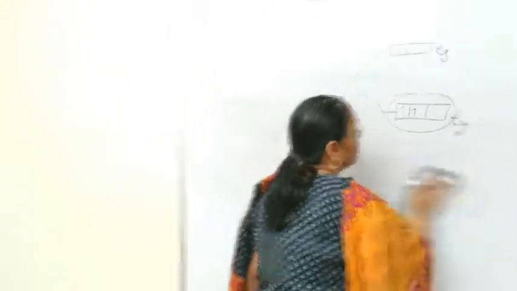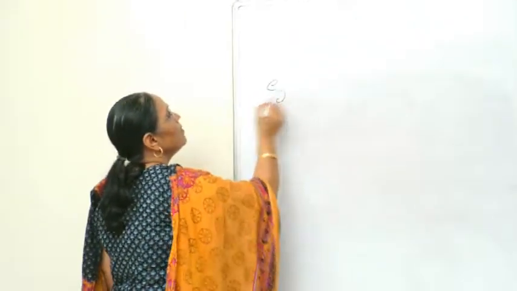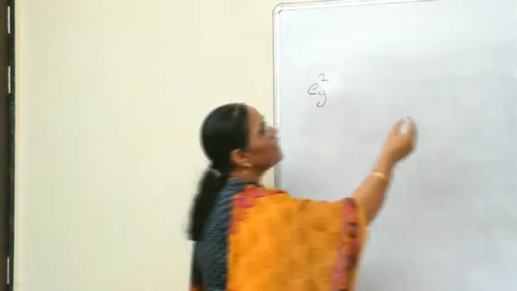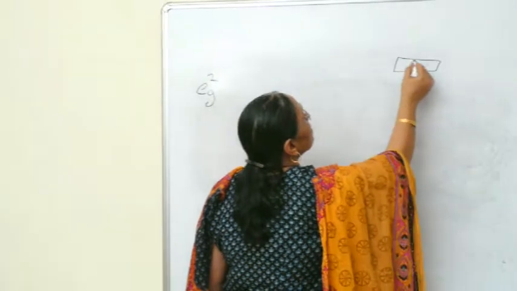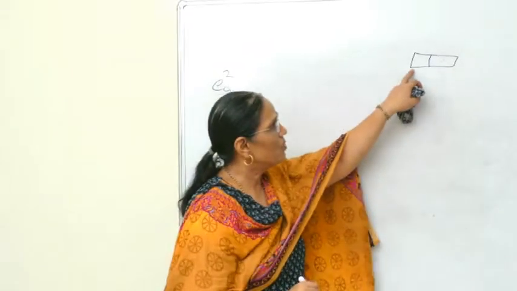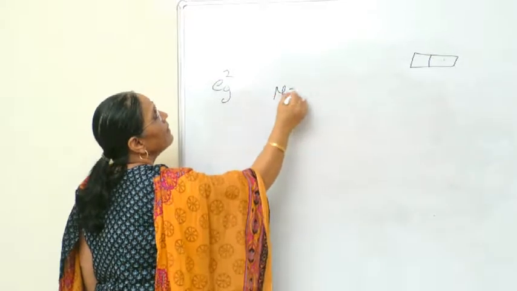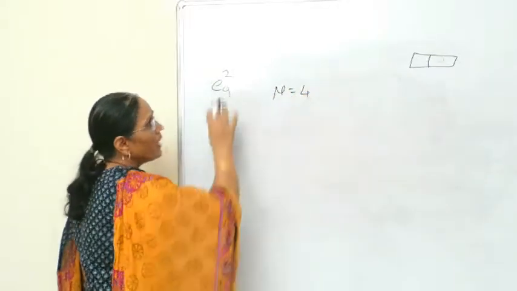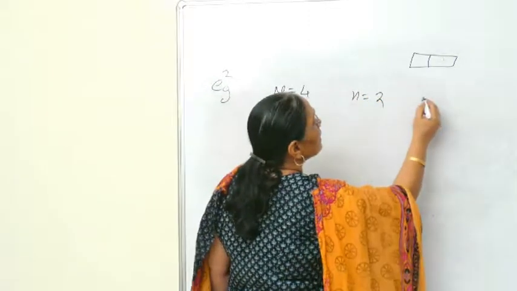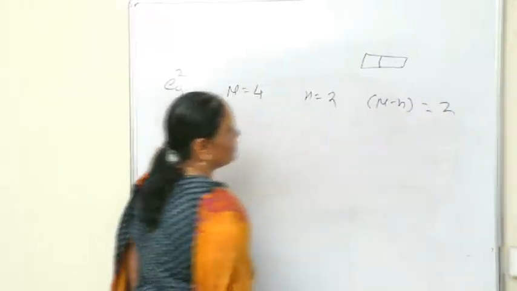One more configuration, which is the eg2 configuration. So let us see the number of microstates for eg2 configuration. Again, we have seen that the eg set consists of 2 suborbitals, so each one can accommodate 2, so 2 into 2 is 4. So for the eg set of orbitals, capital N is equal to 4. The actual number of electrons, small n, is 2, and N minus n will be 4 minus 2, that is 2.